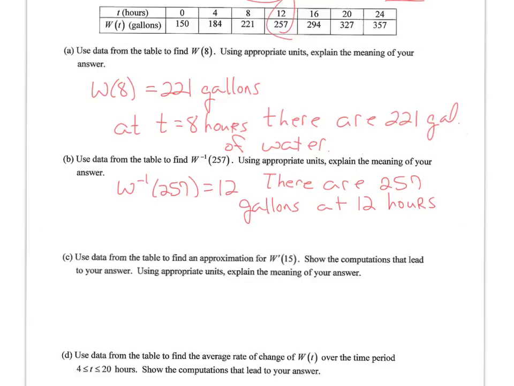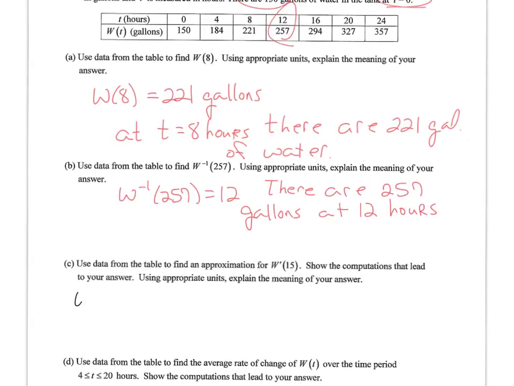Okay, now it asks you to show what you used, so it's probably best, this way they know what you're talking about. If you use W of 16 minus W of 12, over 16 minus 12.